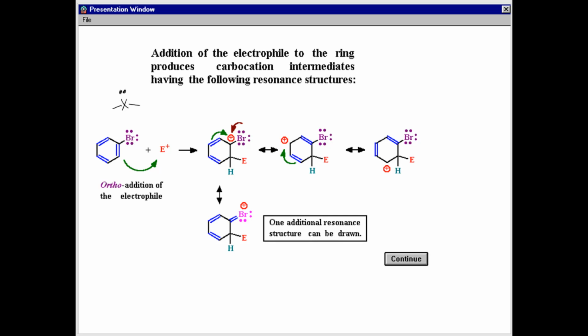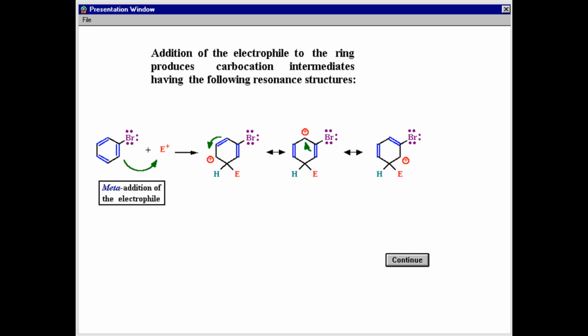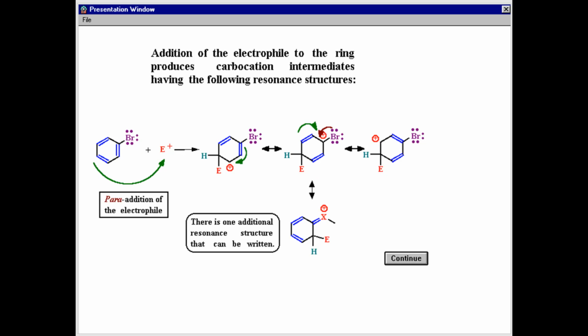Not particularly, but just enough to make this more stable than just having 3. So the bromine halogens are deactivating by induction, but they fit the form of an ortho-para-director. And so therefore halogens are ortho-para-directors despite the fact that they are electron withdrawing. Okay. And same for the meta and for the para.